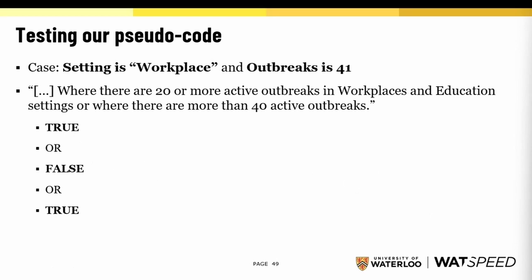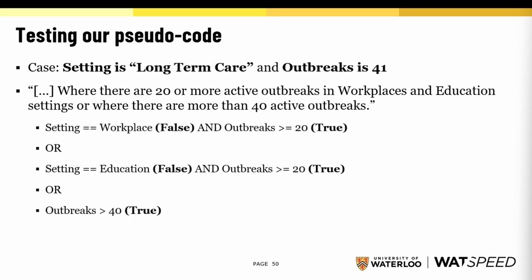Let's try one last example. The setting is long-term care, and the number of outbreaks is 41. If we work this example through, we see that setting is equal to workplace, that is false. Outbreaks is greater than 20, that is true. Or setting is equal to education, that is false.